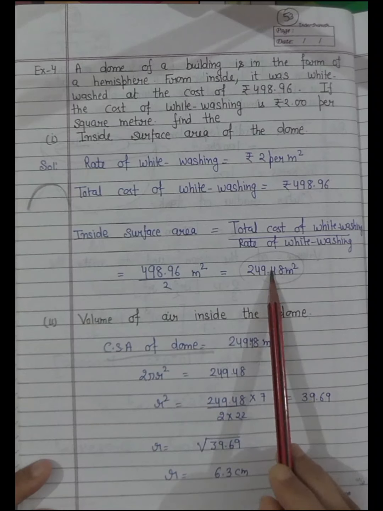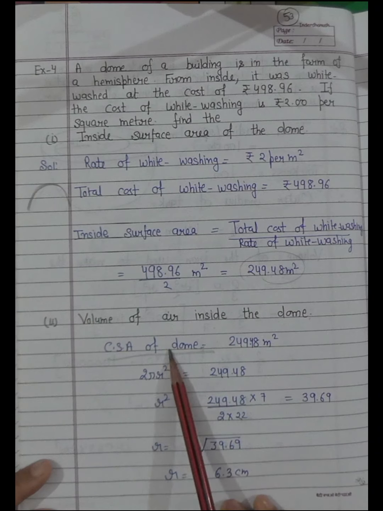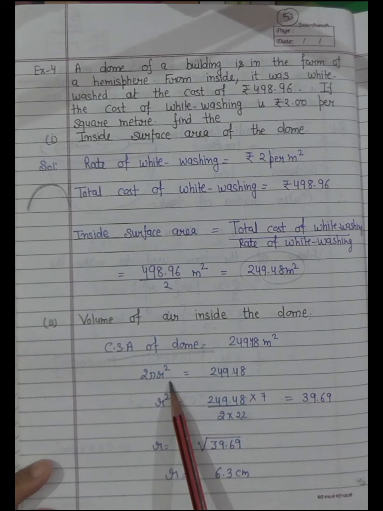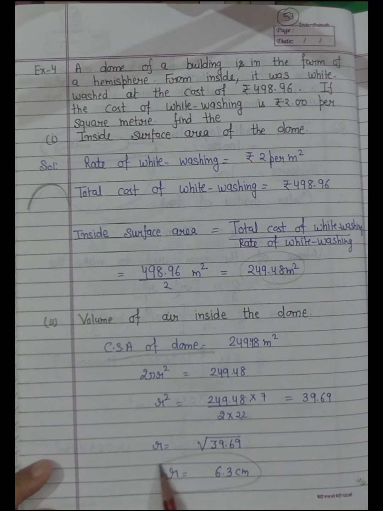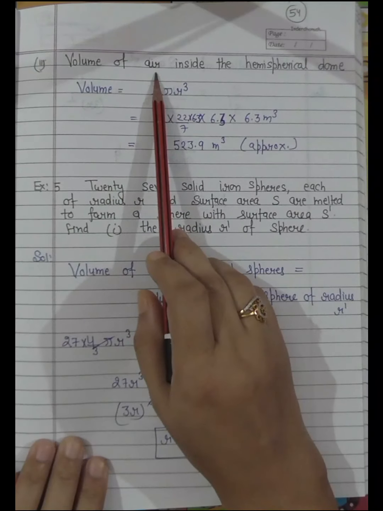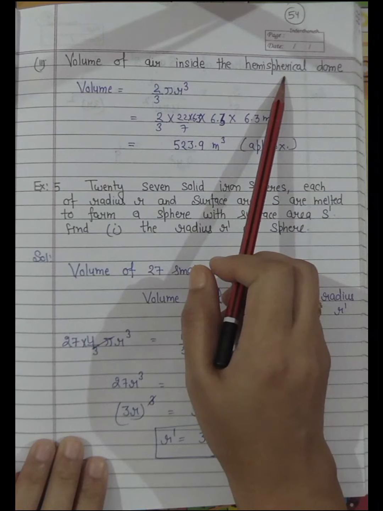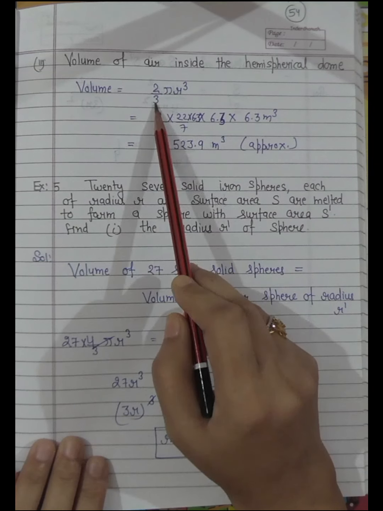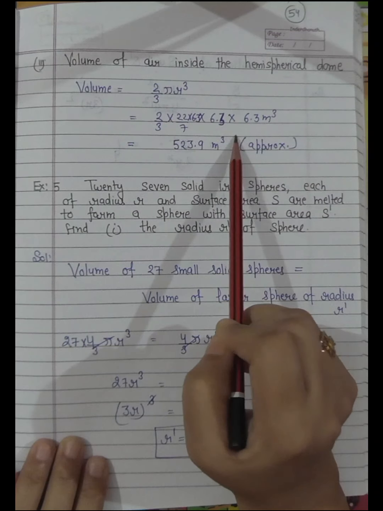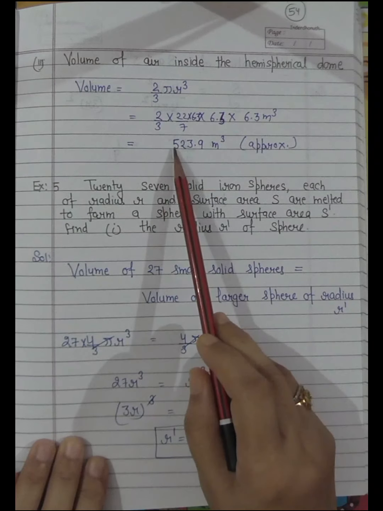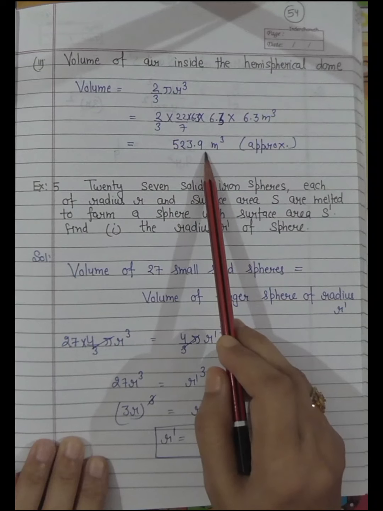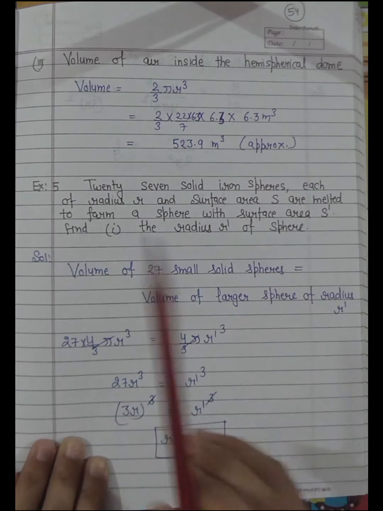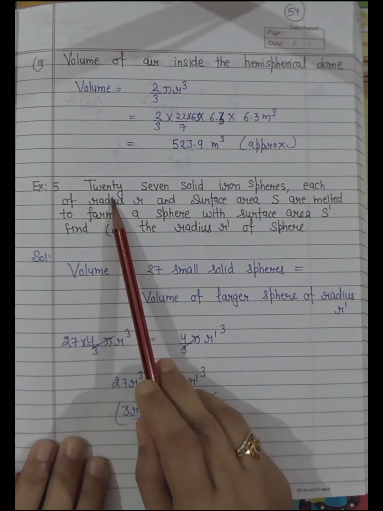Now we know that this is CSA and the formula for CSA is 2 pi r square, and after solving it, I am getting the value of r as 6.3 centimeter, and the formula for volume of the air inside the hemispherical dome will be equal to the volume, that is 2 by 3 pi r cube. Put the value of r here and we will get the result 523.9 meter cube approximately.